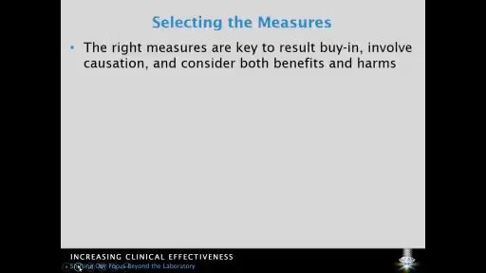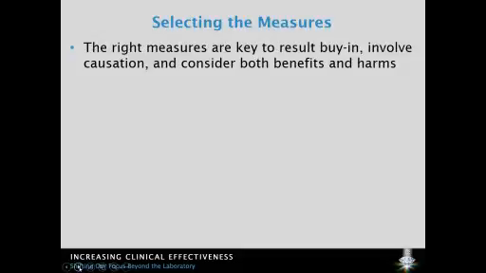After you've selected the intervention, you're going to have to select the measures that are going to lead to buy-in for the project. The right measures are really key because if you're going to use this to convince other people that they should approve a new process, that may involve extra resources in your area, or it may involve changing the workflow with someone else, or changing someone else's scope, you're going to need that buy-in.